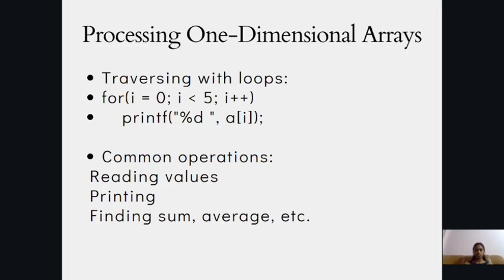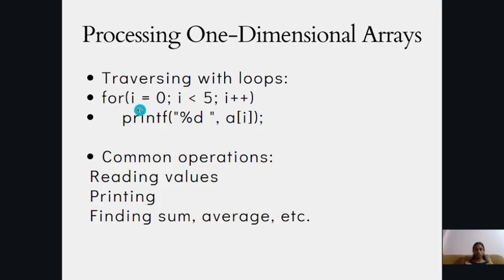Processing these arrays involves performing operations on their elements. Traversing with loops refers to the process of accessing each element of the array one by one. The for loop shown is a common way to do this.